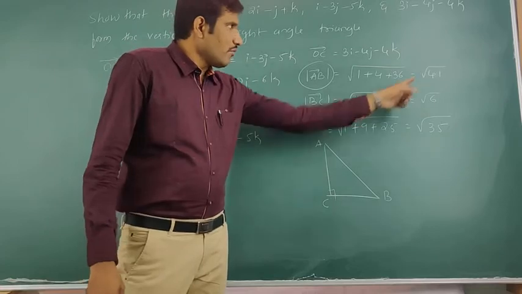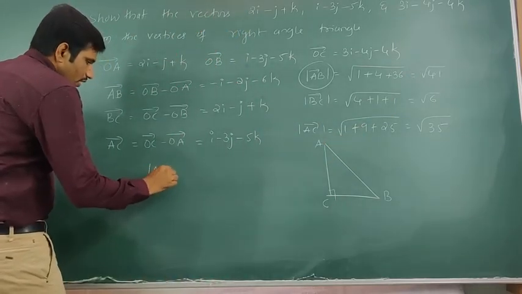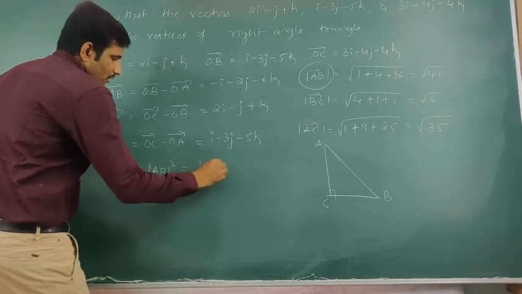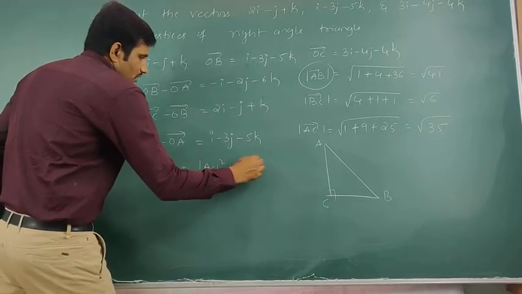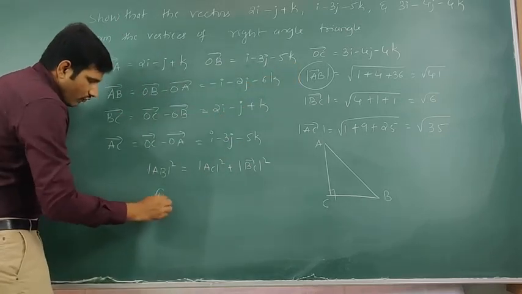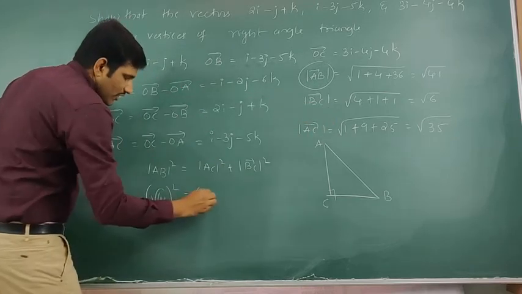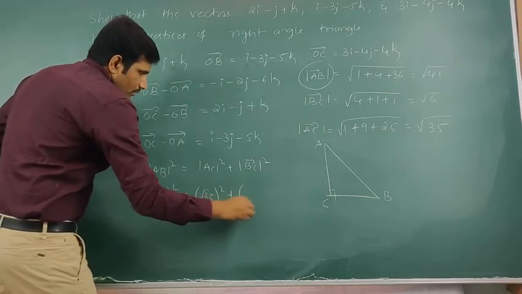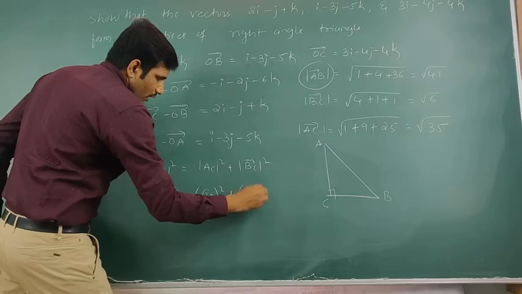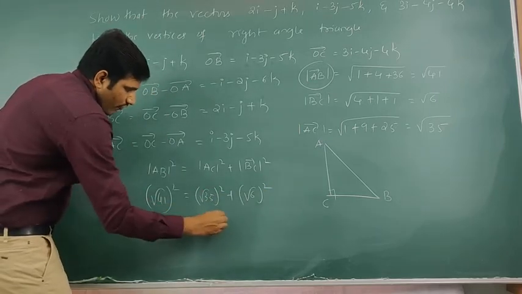Therefore, AB is root 41, so AB is the hypotenuse. The magnitude of AB square must be equal to the magnitude of AC square plus the magnitude of BC square. Root 41 square is 41, and AC is root 35 square plus BC is root 6 square, that is 35 plus 6.